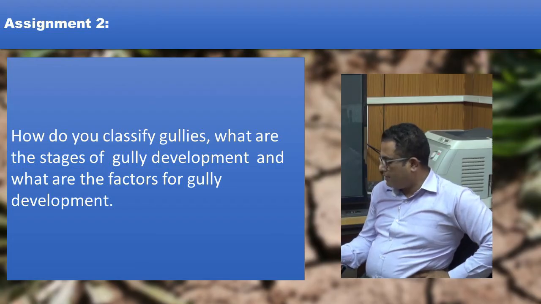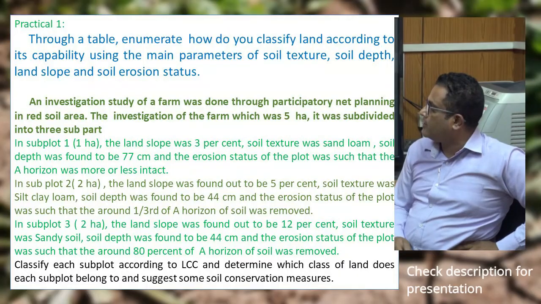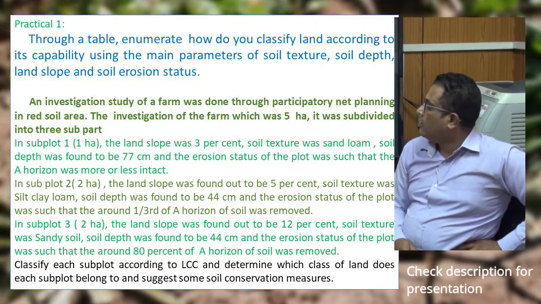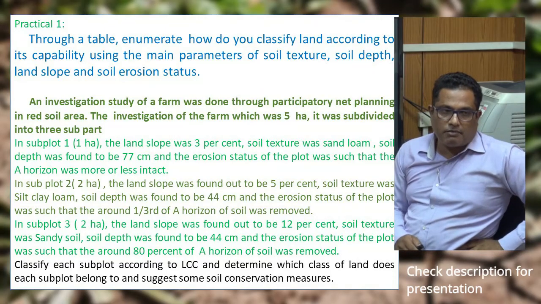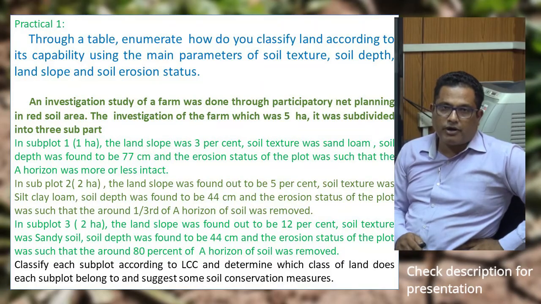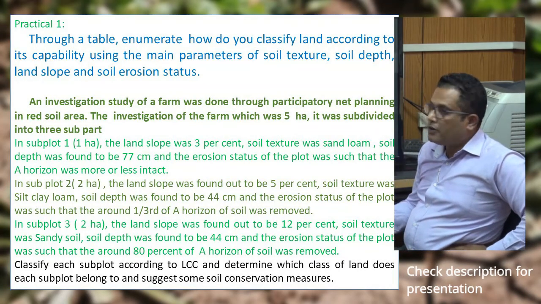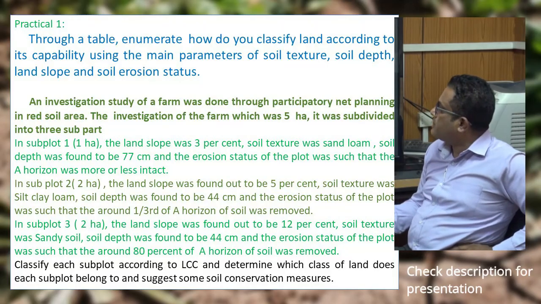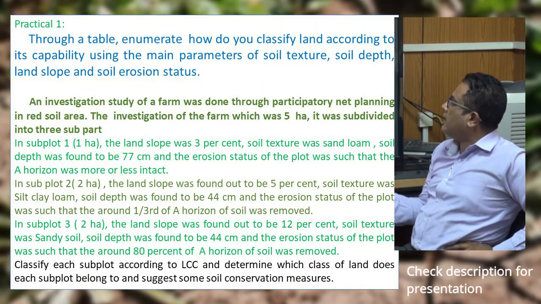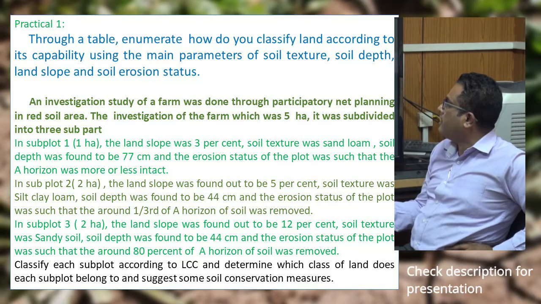And second, the practical class that we did last time. If you go through the previous notes, lecture 3, part 1 and part 2, you can do it very easily. First practical: through a table, enumerate how you classify land according to its capability using the main parameters of soil texture, soil depth, land slope and soil erosion status.